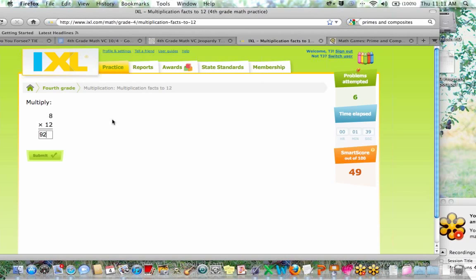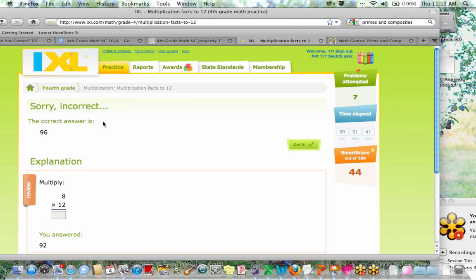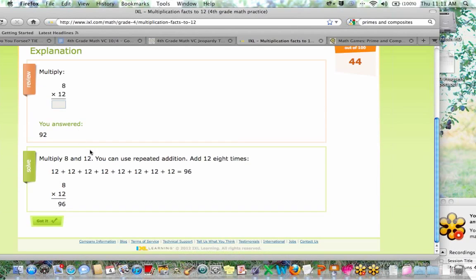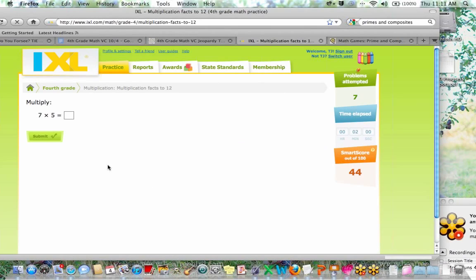Oh, okay. Well, Vero said 92, so let's see. Oh, it's 96. So that's one of the things you're going to need to go back and work on. They just added 12 eight times, so 12 plus 12 plus 12 and so forth actually equals 96. Okay. 7 times 5. 35.